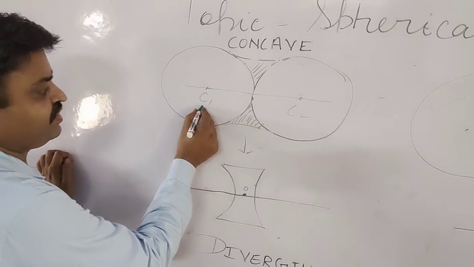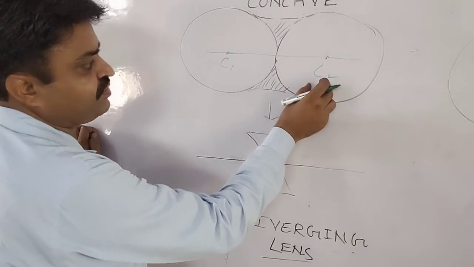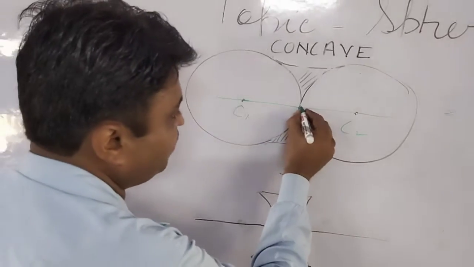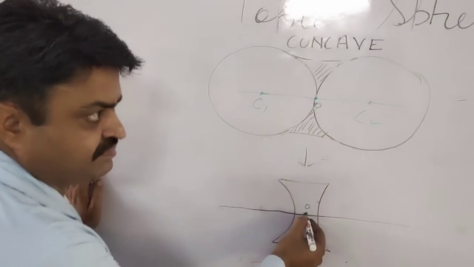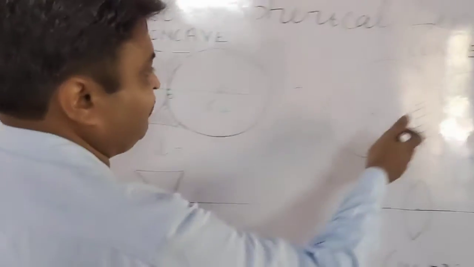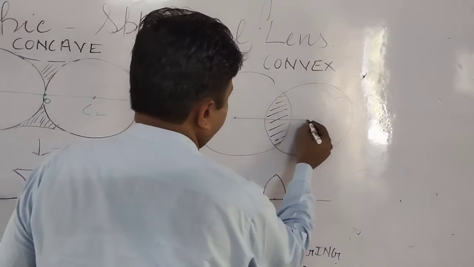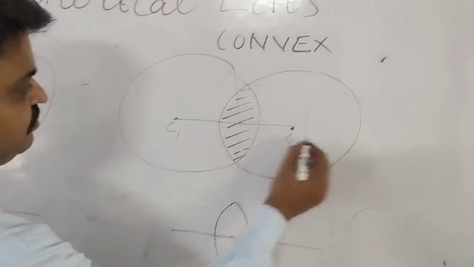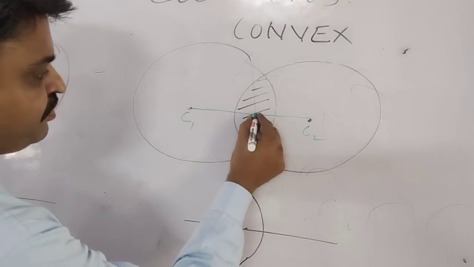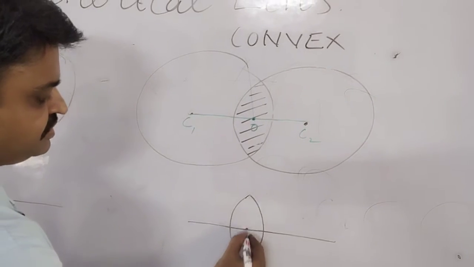This is center of curvature 1 and this is center of curvature 2, and this point is known as the optical center. Like this, in this lens, center of curvature 1 is this, center of curvature 2 is this, and this middle point is known as the optical center.